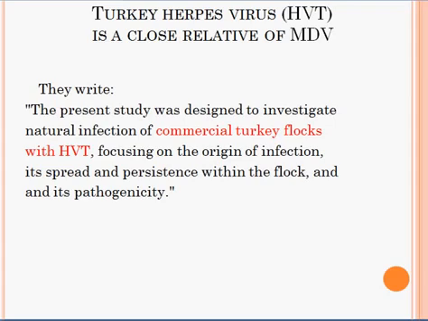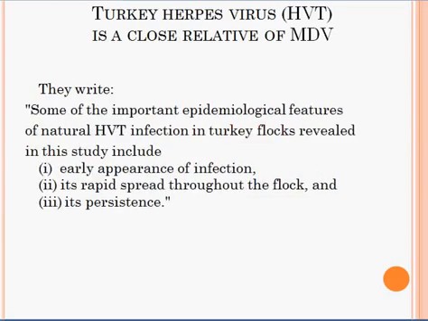So, as I said, it's the same story also for the Marek disease virus. Some of the important epidemiological features of natural herpes turkey virus infection in turkey flocks revealed in this study include early appearance of infection, its rapid spread throughout the flock, and its persistence. And the same happens in Marek's disease, and it's very significant.